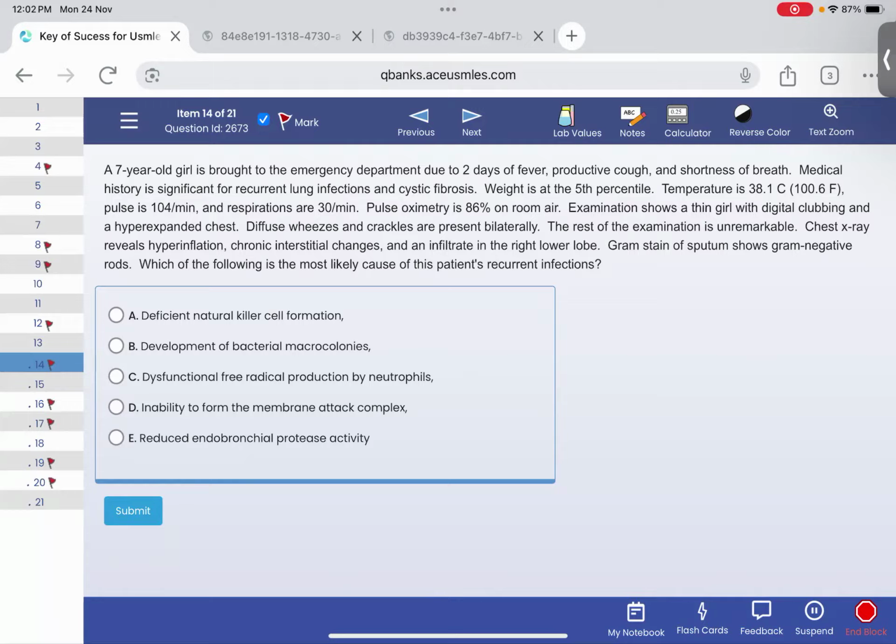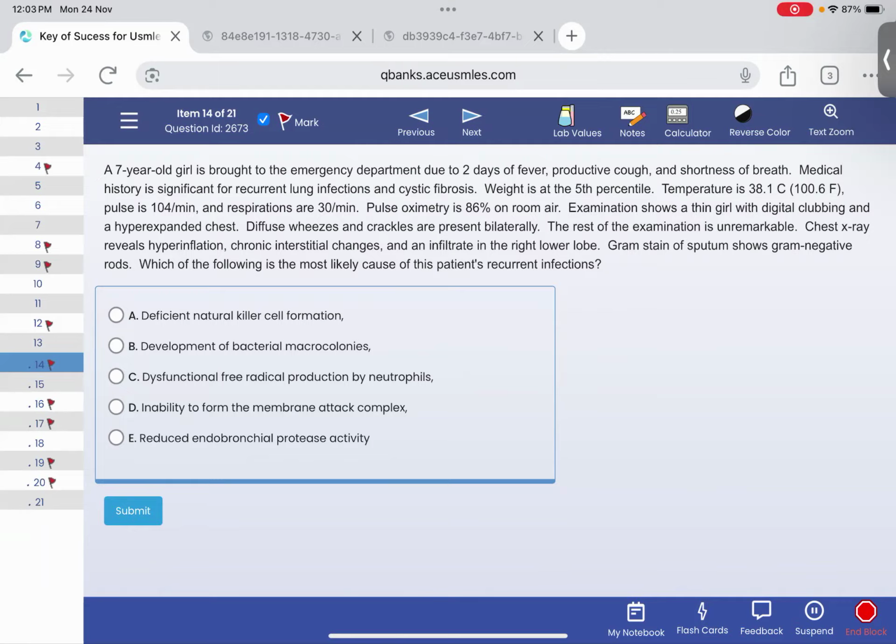So which of the following is most likely cause of this recurrent infection? So what do you think? Pneumonia caused by Pseudomonas. Yeah, right lower lobe. So this patient has cystic fibrosis, and also gram staining shows gram negative rods.